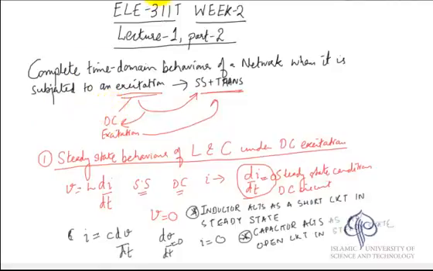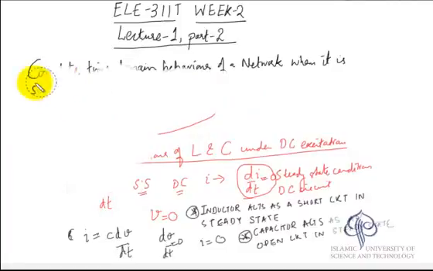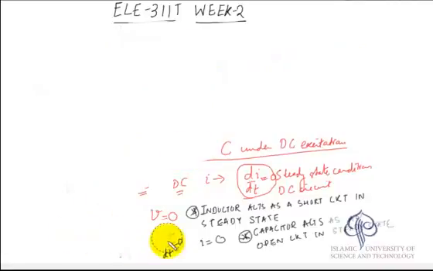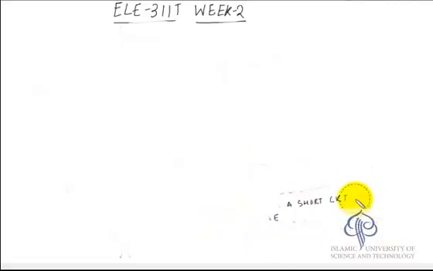So now let us start and take an example and see how we can use our knowledge, whatever we have learned till now, to actually solve some problems. So our approach is going to remain the same. We are going to write down the differential equation for the circuit, and then we are going to see the initial conditions.